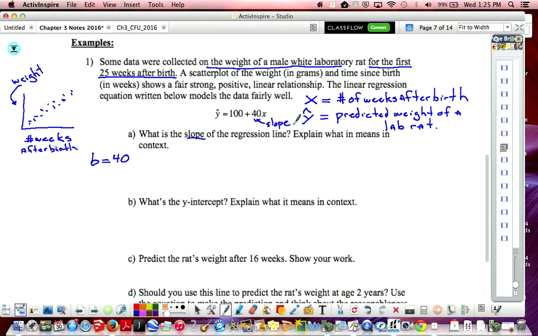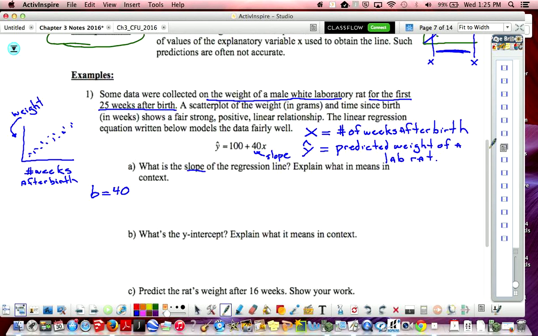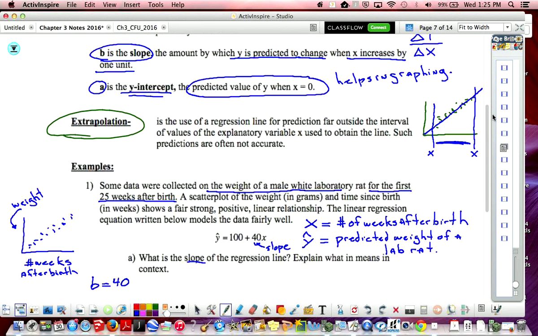What does this actually mean in our context? If I go back up to what slope is talking about, it's the amount by which the predicted y changes when x increases by 1 unit.